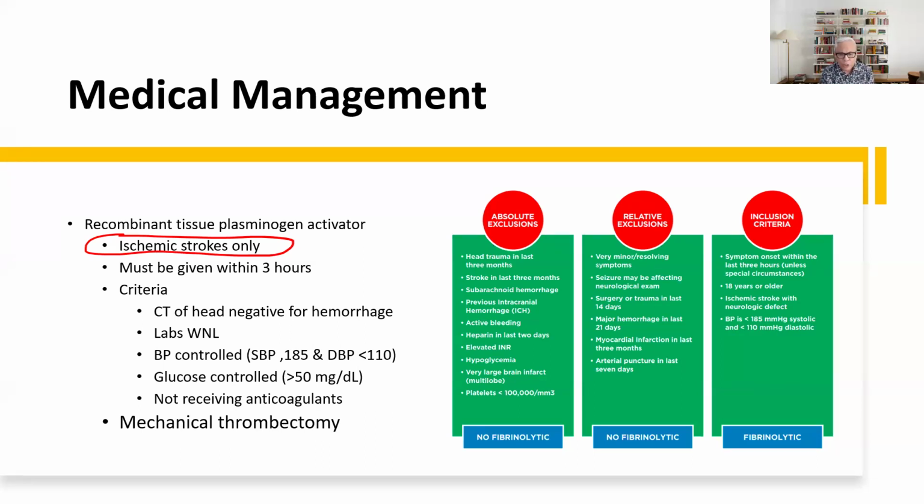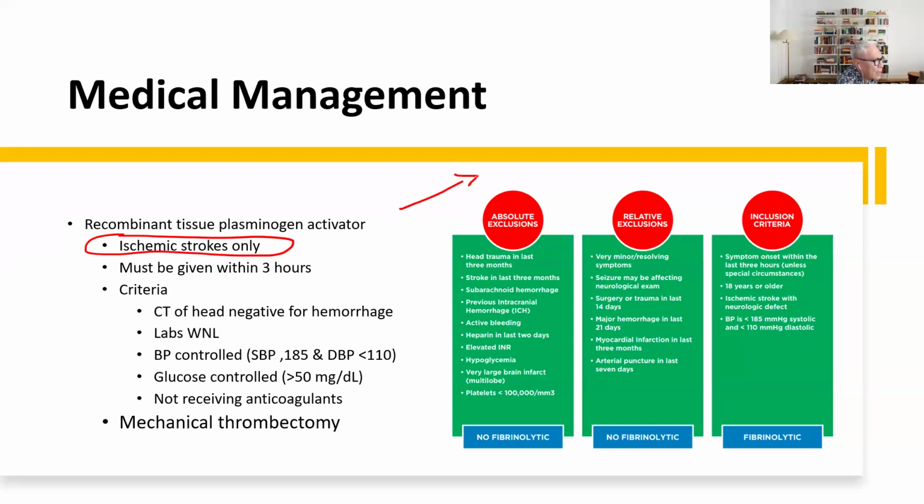The major nursing role, as far as the administration of TPA or tissue plasminogen activator, is to monitor for bleeding. So that is the most important intervention that a nurse must do in patients who are receiving TPA.